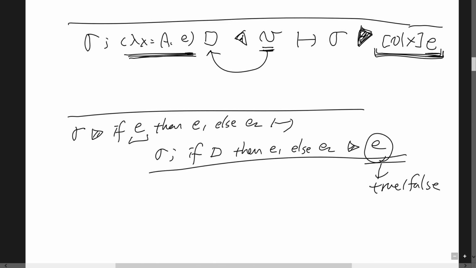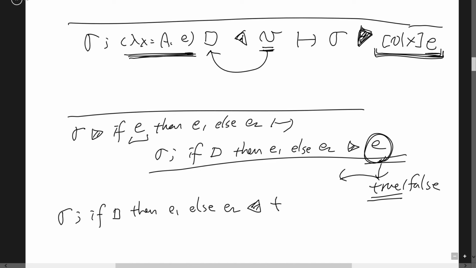If this expression E produces true, later we will have something like if, then E1, else E2. Later we will return value true.